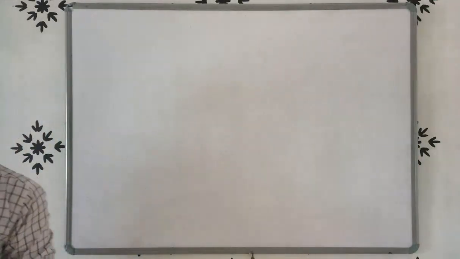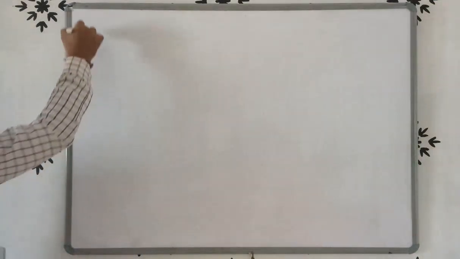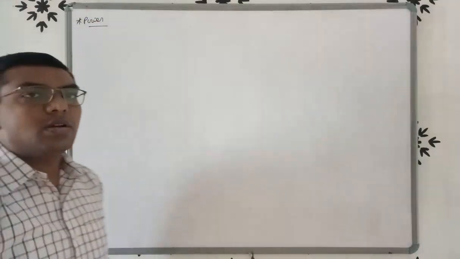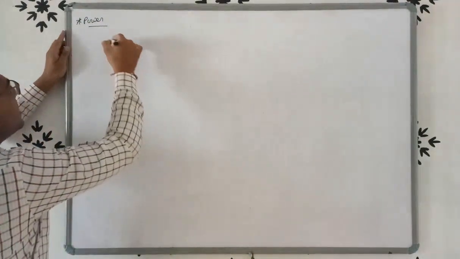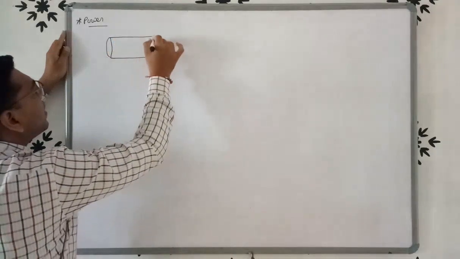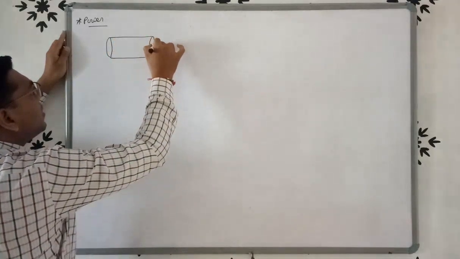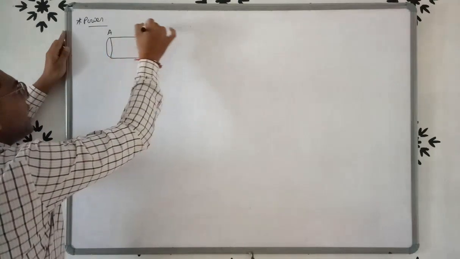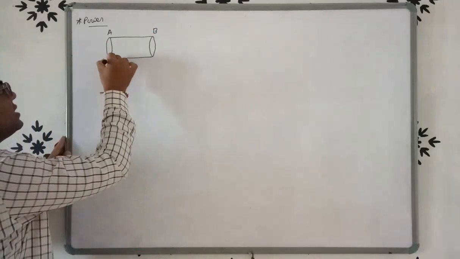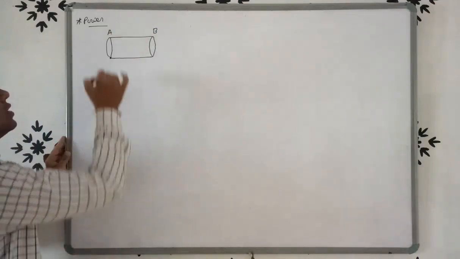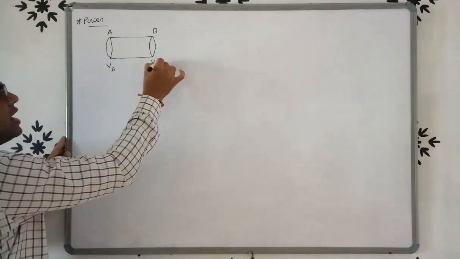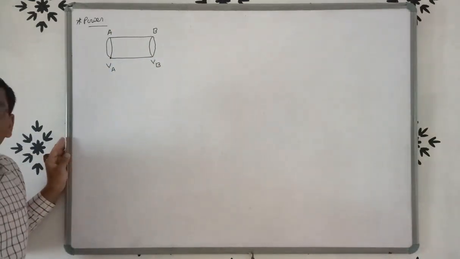Now see, power. Suppose here there is a conductor, this is point A and this is point B. Here we consider that the potential at point A is VA and the potential at point B is VB.